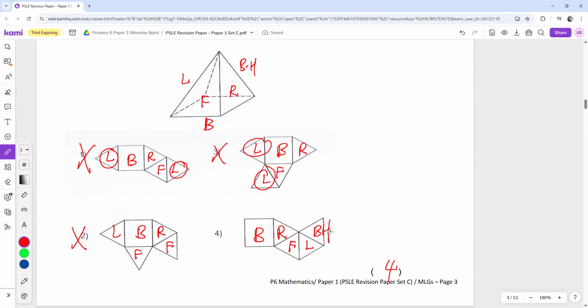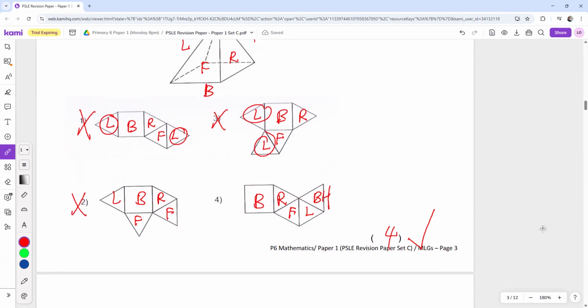It's very hard to show you, so you cut out the paper and see whether you can form a pyramid. So your answer will be number 4. Okay, got it? This is how you work out the answer. You put letters on the faces, and then try to match to the net.